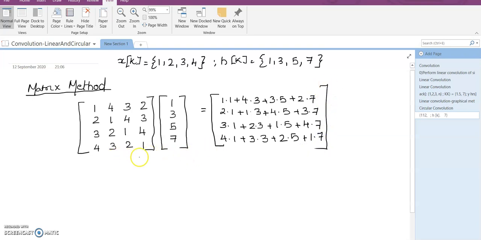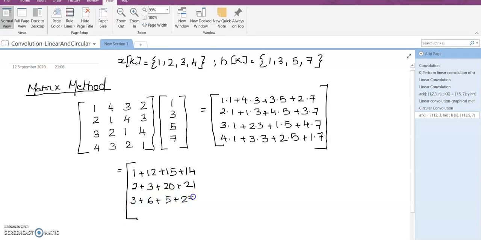When we combine this into the next level, we have 1 plus 12 plus 15 plus 14. Then we have 2 plus 3 plus 20 plus 21. Then 3 plus 6 plus 5 plus 28.